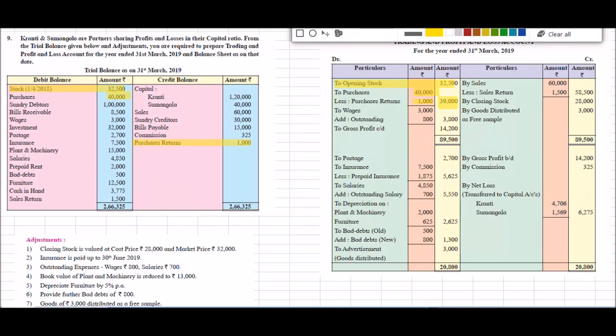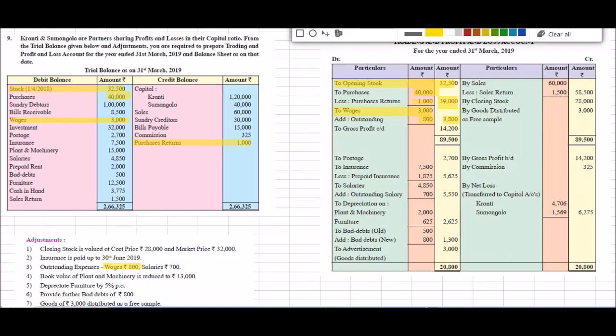Next is wages, where we have an adjustment. Wages given in the trial balance is 3,000 rupees, and outstanding wages is 800 rupees. So 3,000 plus 800 rupees is 3,800 rupees; that becomes wages. Next is sales.